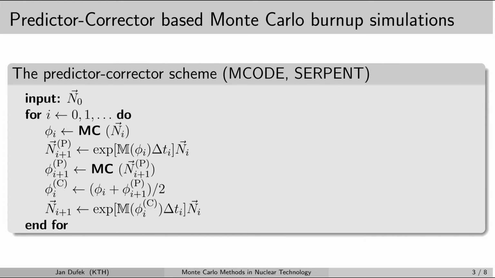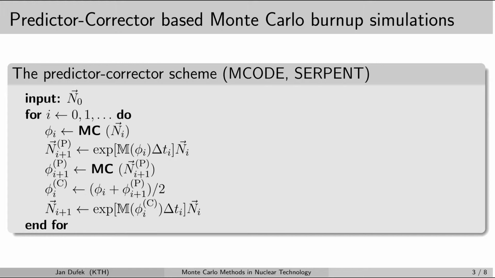And here we have the description of the basic variant of the predictor-corrector coupling scheme. So we start with the system given by the initial nuclide field vector N0. The index I accounts for the time steps.